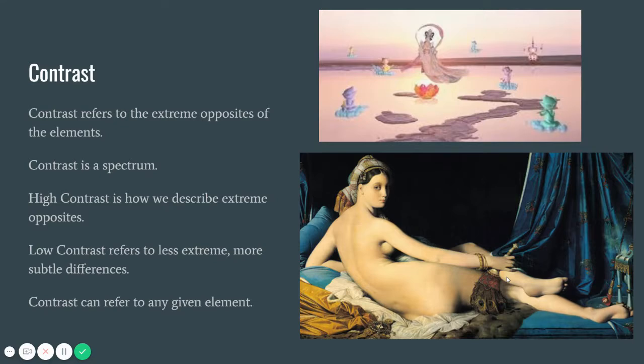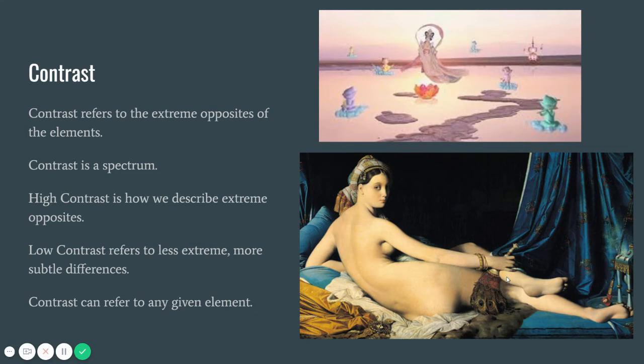Okay, contrast. Contrast refers to the opposites of the elements, extreme opposites of the elements. It's important to understand that contrast is a spectrum, so it's not like you either have it or don't. The way that we talk about contrast is either high or low.